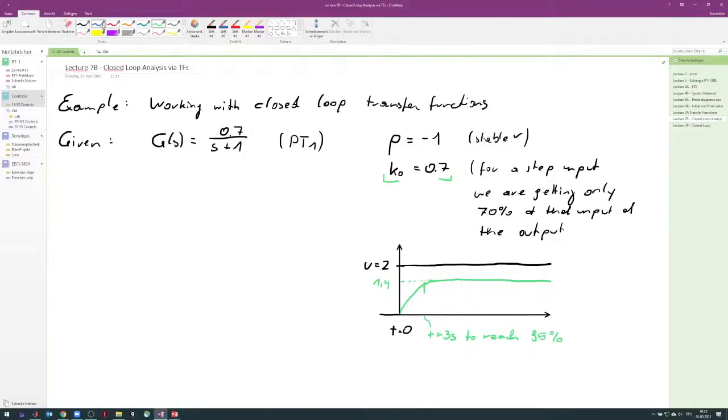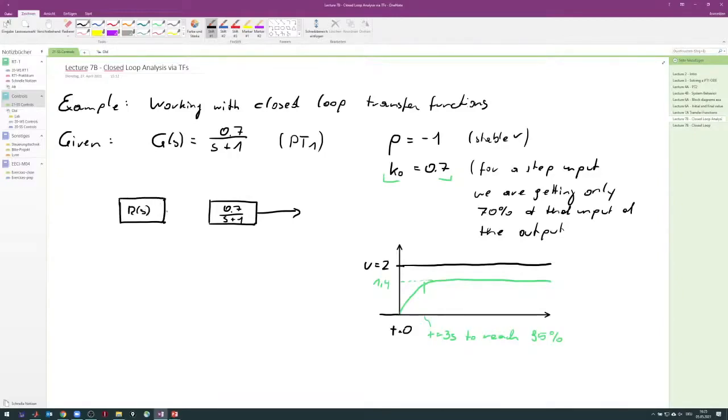Okay, so we want to improve that, and we're going to take that system, which is 0.7 over S plus 1, and apply a controller around it.